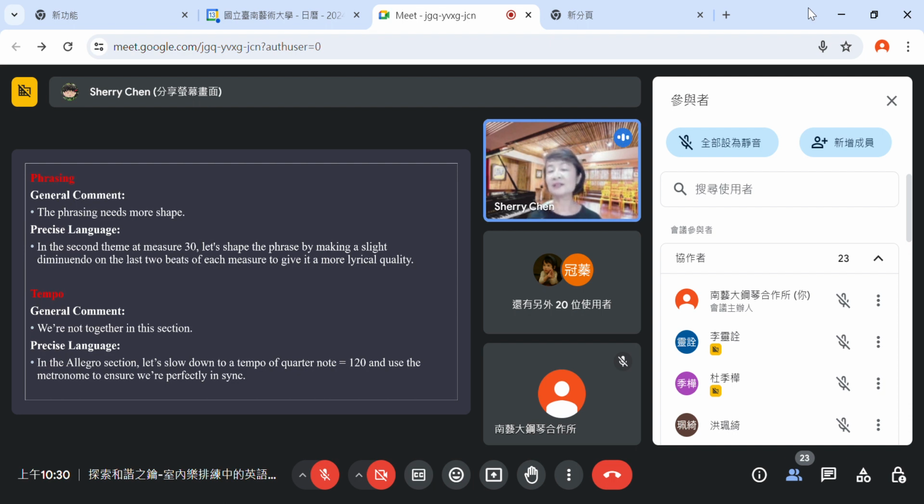So everyone is on the same beat. Even though there may be rubato or tempo changes, practicing with the metronome is also very, very important. So here, in order to achieve the tempo goal, the musicians are setting the metronome tempo to a quarter note equals 120. So everyone will be on the same beat.